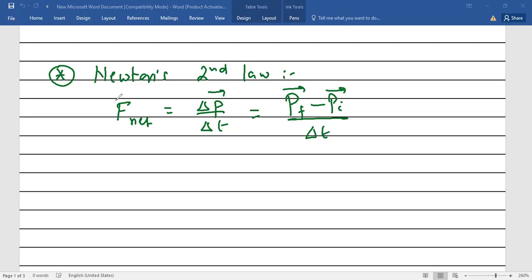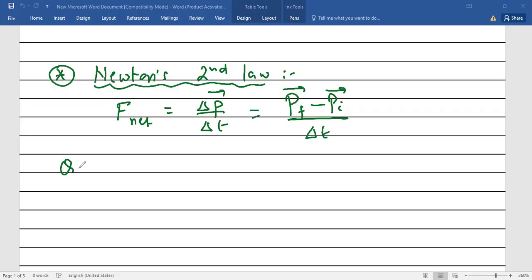Okay. Now, whenever we need to calculate the change in momentum, always assign a sign to a particular direction.